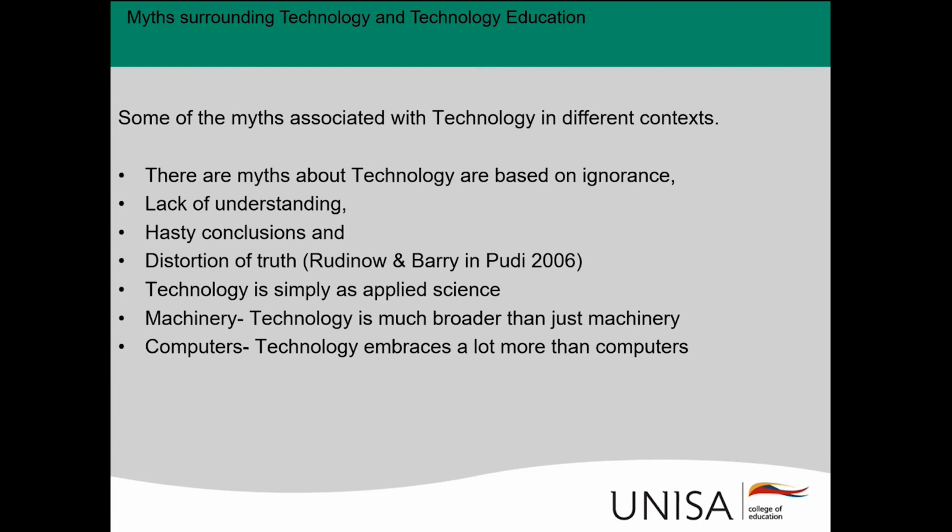One with an understanding of what technology is cannot conclude that technology is simply applied science; the distortion of the truth leads to conclusions which are not a true reflection of what technology is. Then again, machinery. Some tend to believe that technology is about machinery, of which technology is much broader than just machinery.